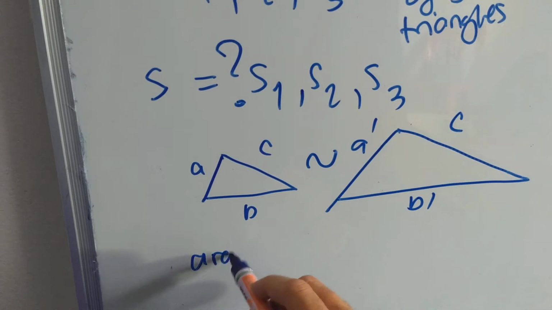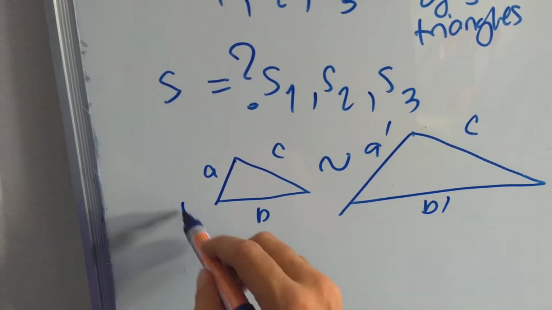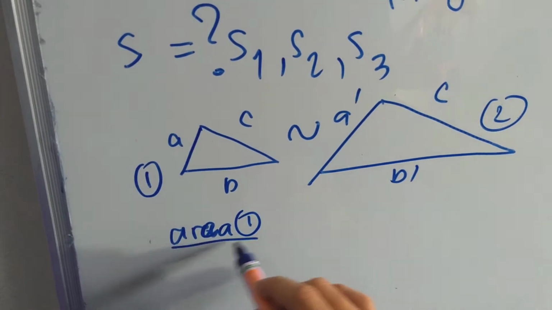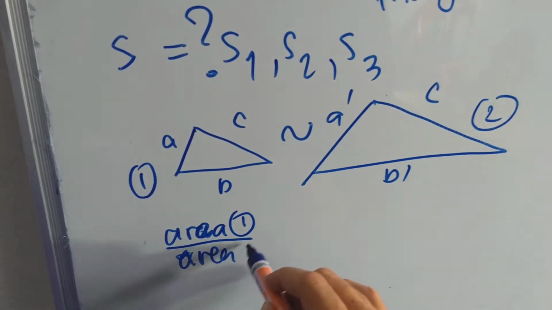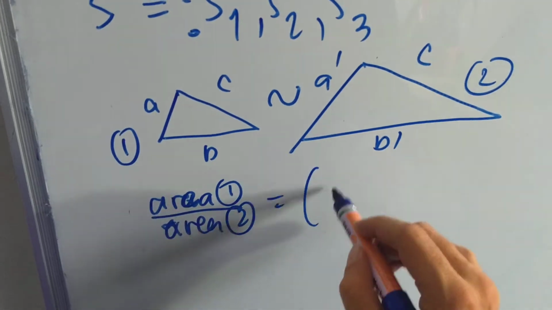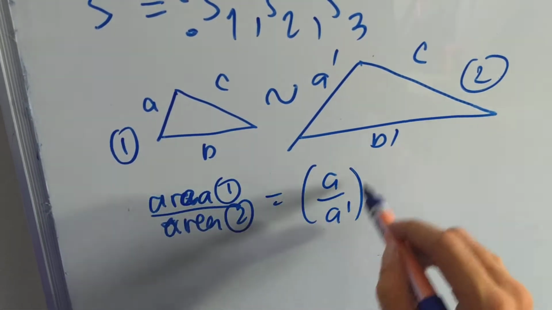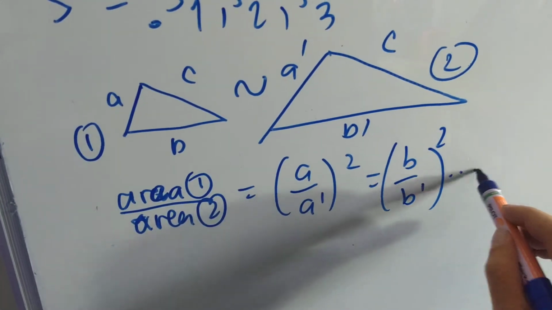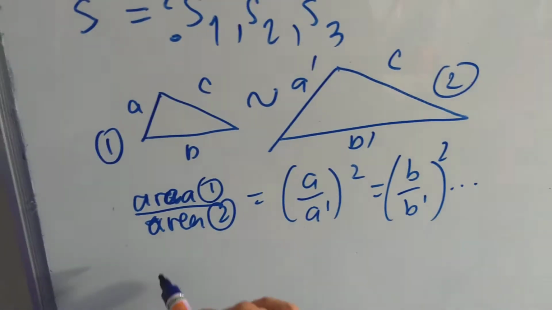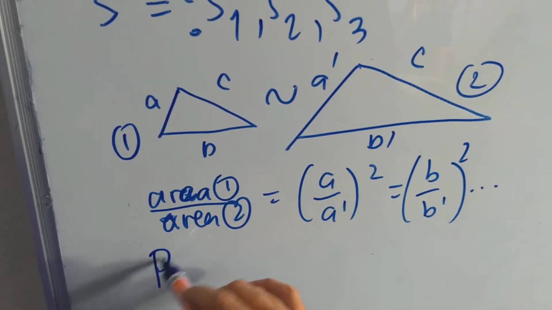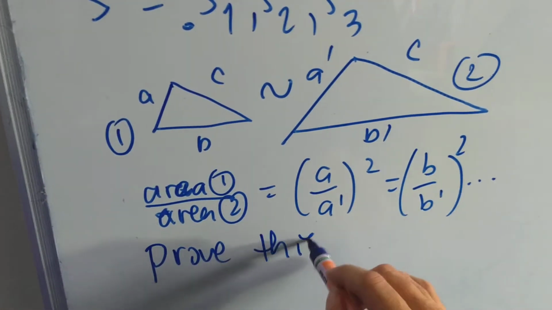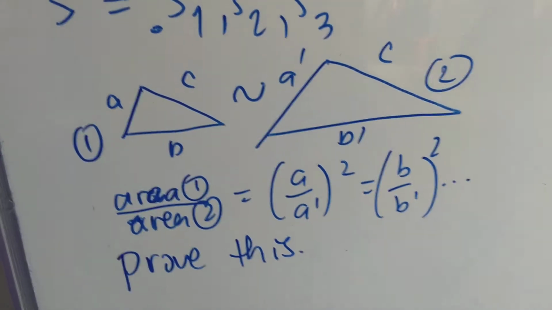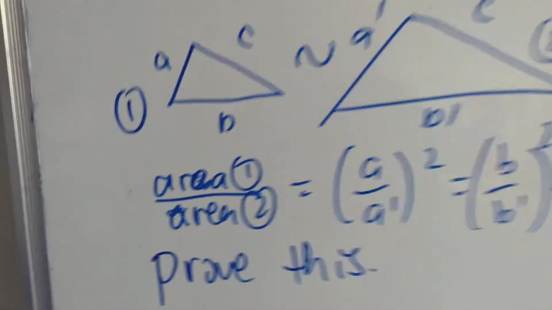Then the area of triangle 1 over the area of triangle 2 is A over A prime all squared, equals B over B prime all squared, by similar triangles. Now, first job for you is prove this. It's not hard to prove. I'm sure you can do it. It's just similar triangles, and triangle area formula should be pretty easy.